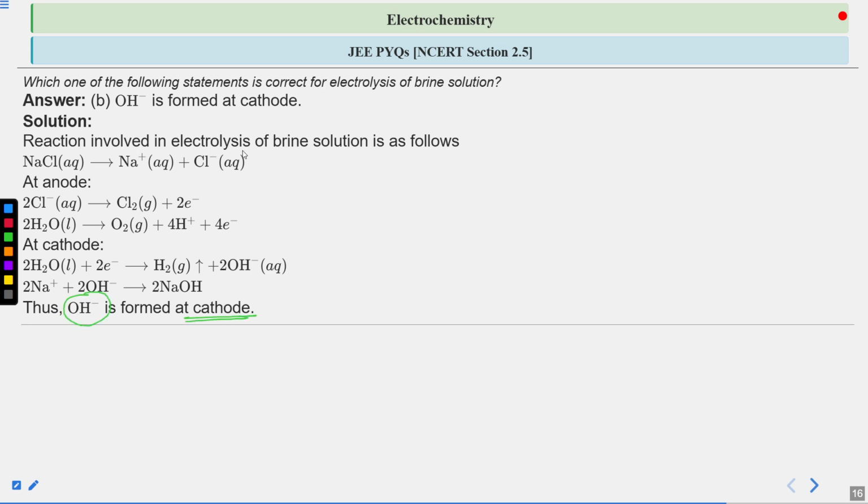The question was which statement is correct regarding the electrolysis of the brine solution. As per the given options, the right statement is that OH negative is formed at the cathode.